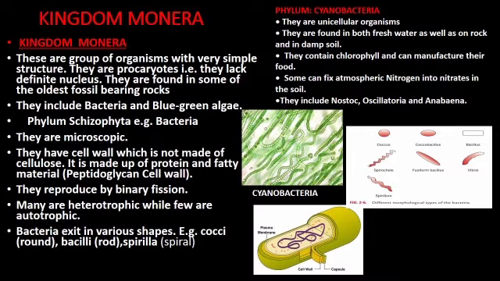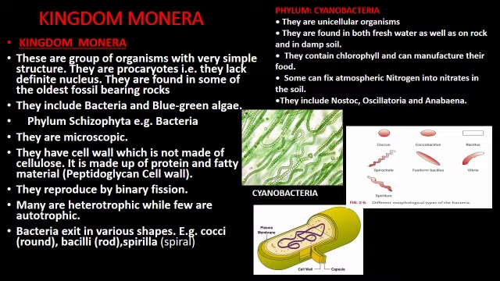Let's look at the next phylum, meaning that we have two phyla to discuss under kingdom Monera, the Schizophyta and the cyanobacteria. The second one I'm discussing, the cyanobacteria, is also known as the blue-green algae. They are also unicellular. They are found in both fresh water as well as on rock and in damp soil. They contain chlorophyll, a pigment which enables them to carry out photosynthesis. Let's take note.